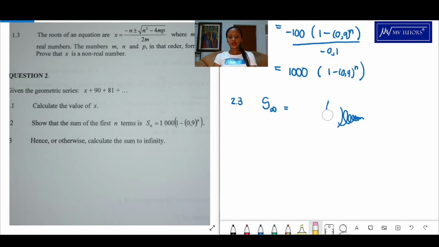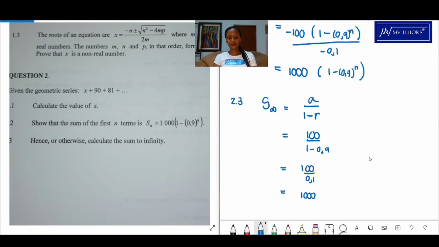What is the formula? The formula for sum to infinity is a over 1 minus r. Our first value again is x, which is 100, and 1 minus r, like we said, is 9 over 10 or 0.9, so we have 0.1 there.